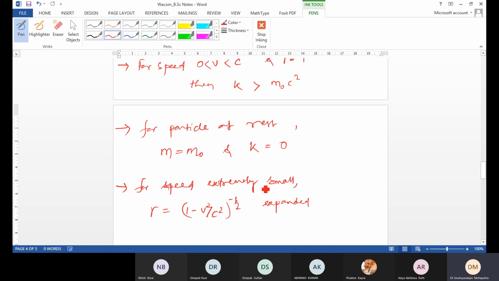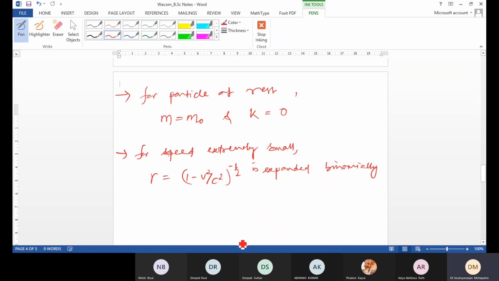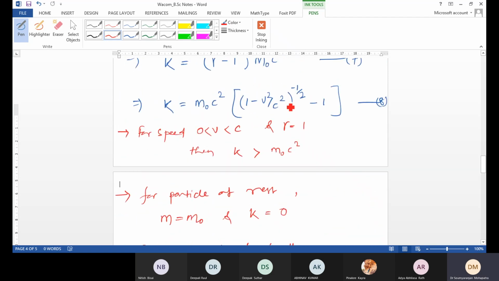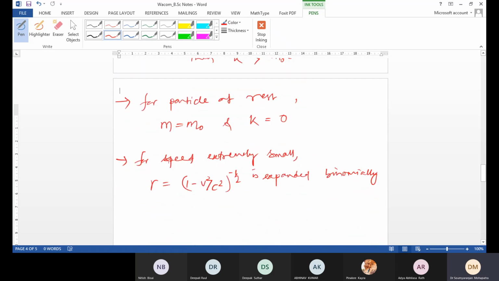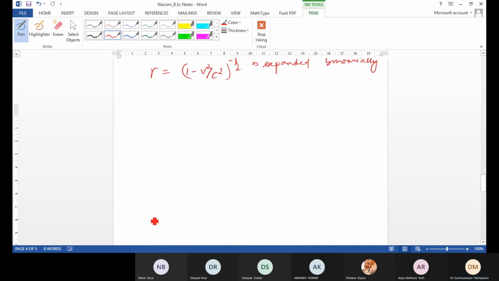When you use this value in your kinetic energy expression, equation 8, you will see that K becomes m naught c square times half v square by c square. If you solve it, c square gets cancelled.